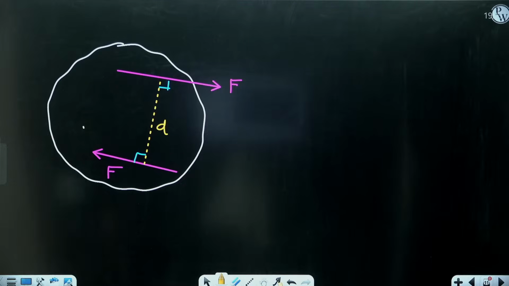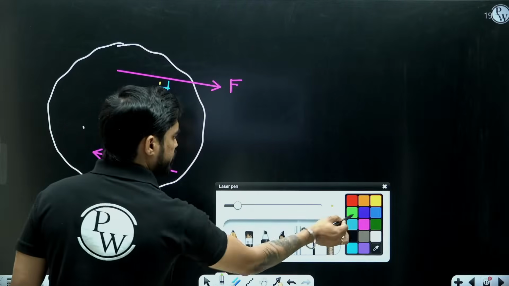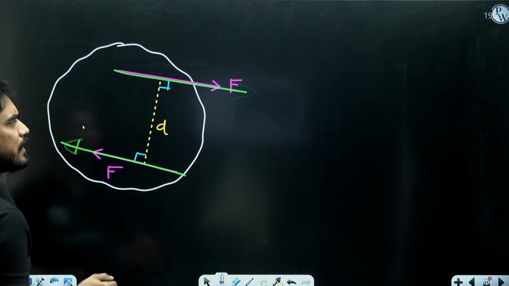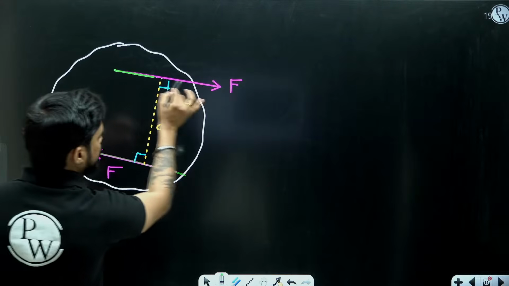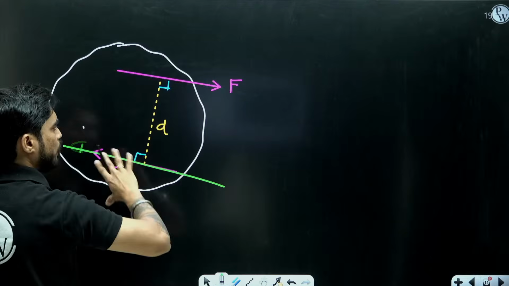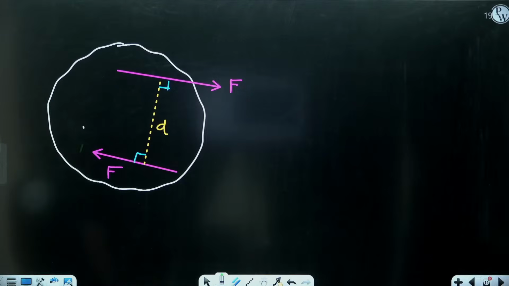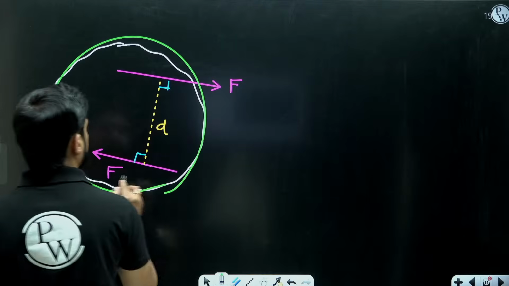So now what happens? Understand, this force F and this force F, they both will cancel each other because they are equal and opposite, right? But they will have a tendency to rotate this body.